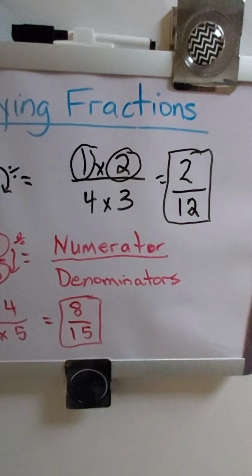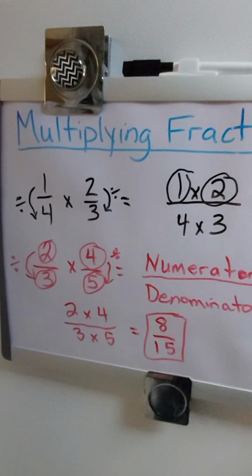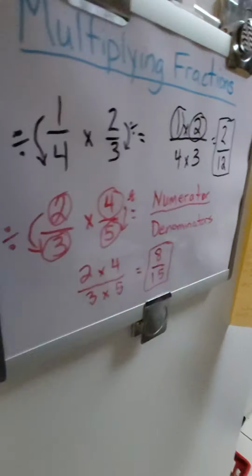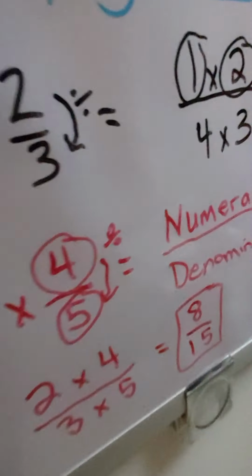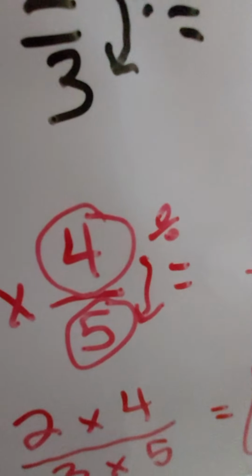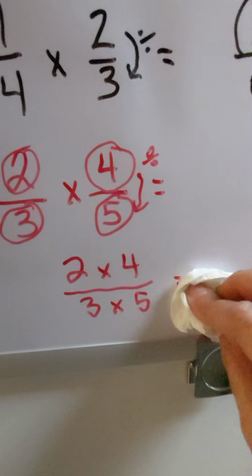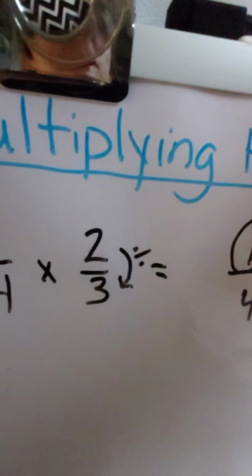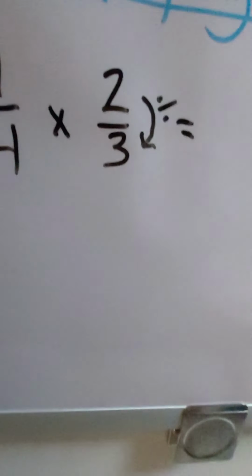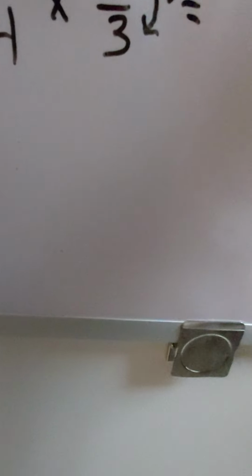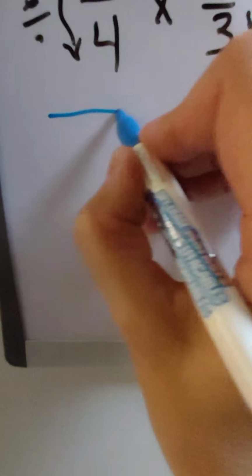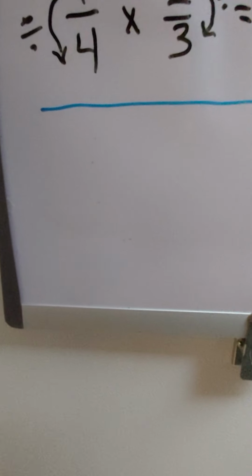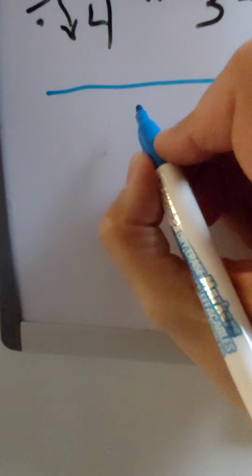How about you try one now? I'm going to have to erase this though. I'll just erase this one. There we go. We'll get another color. How about blue? Here's one for you. You can write this one down, or you may be able to multiply it using mental math. Just do it in your head because you're so smart.